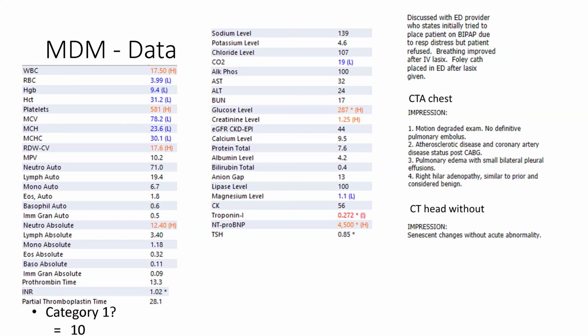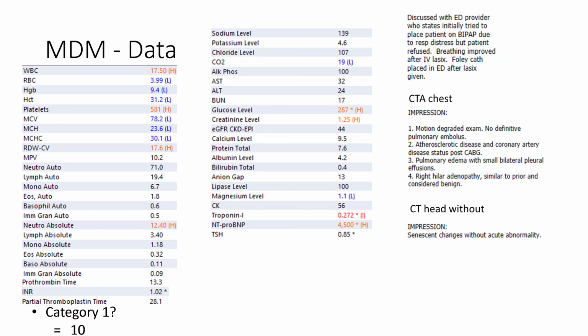So 10 unique tests in there, because you don't get credit for all the different components of the test, just the main test itself. And then, of course, the CTA is another one, and then the ABG would have been another one. So there's a ton. Most admissions, category 1 is so easy.